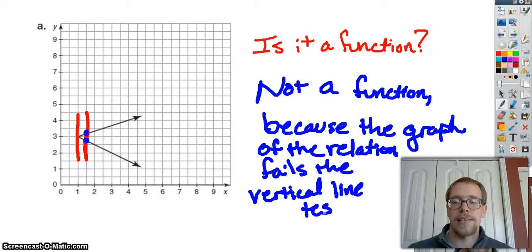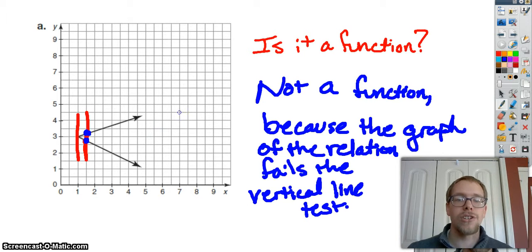And that vertical line test says, if vertical lines only touch the function once, it's a function. If vertical lines drawn touch the function more than once, it is not a function. So because we drew a vertical line and it intersected or touched this function in more than one place, that graph of that relation shows that this is not a function.